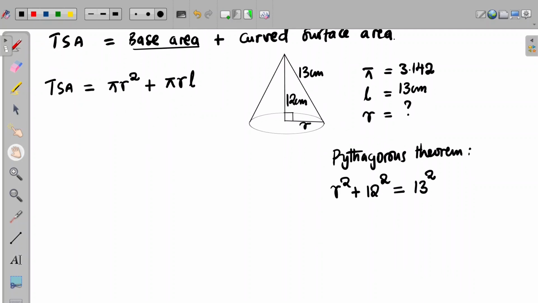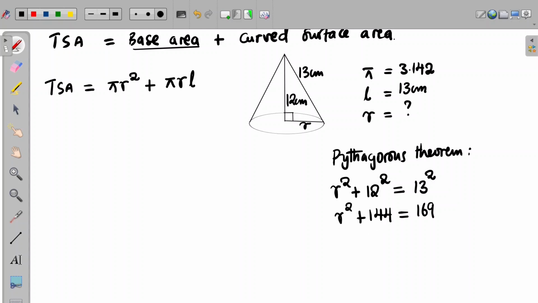So what are we going to do? We will say r squared plus 12 squared, which is 144, equals 13 squared, which should be 169, if not mistaken. Now we shall make r the subject of the formula.